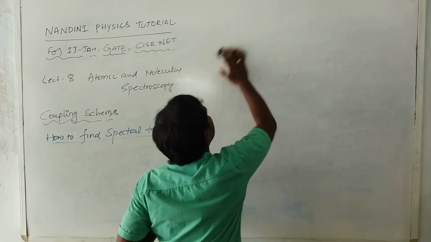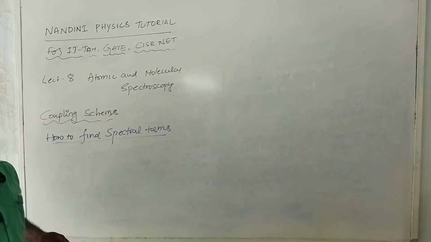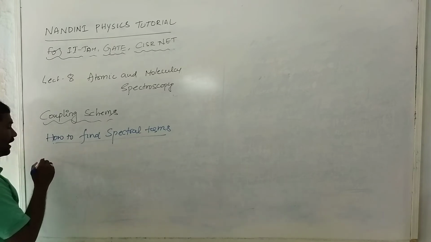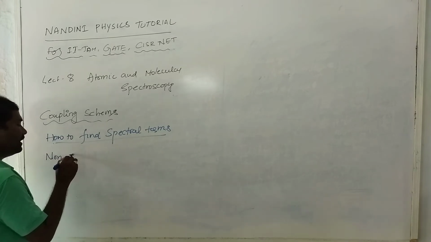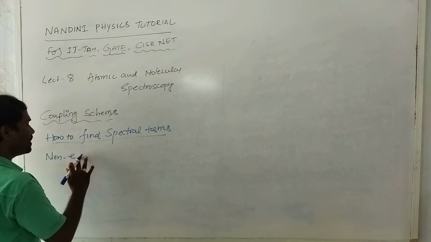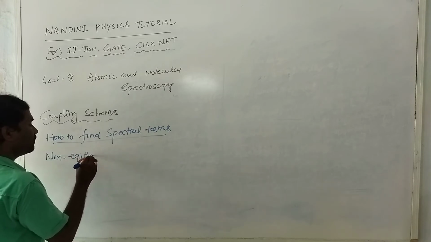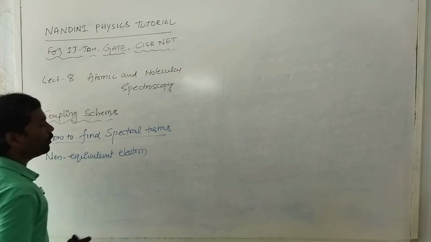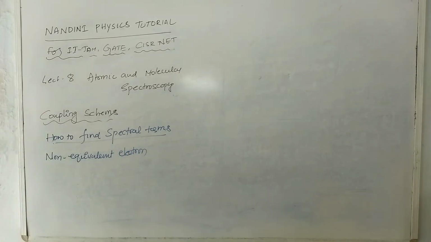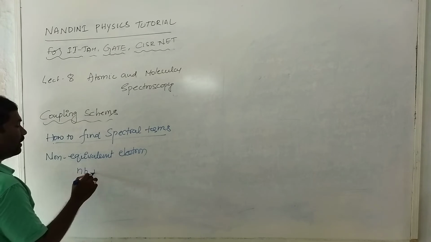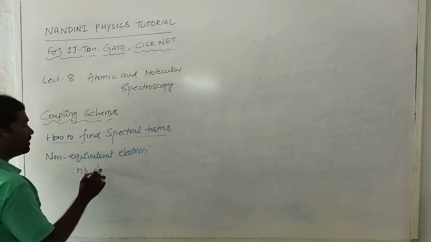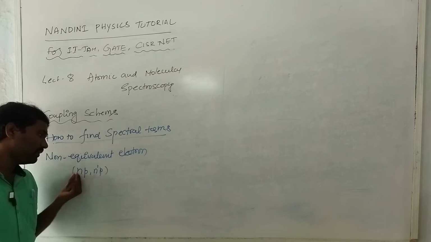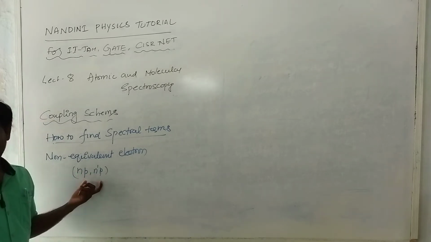I am considering non-equivalent electrons first. Non-equivalent electrons are, for example, np and n'p. These are non-equivalent because the principal quantum number changes, though the p terms are equal.